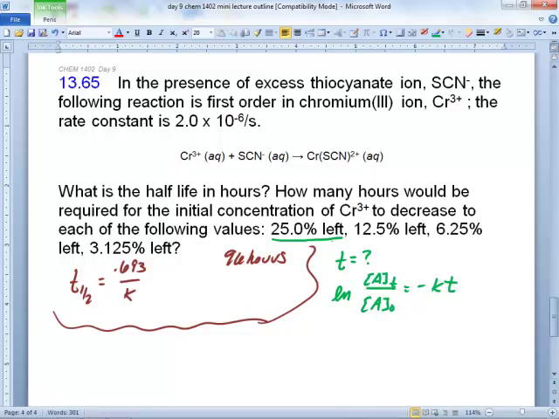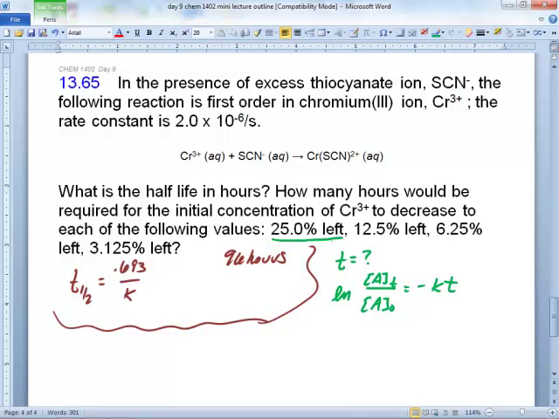Do they even tell us what the initial was? Yeah, we're very, very close.